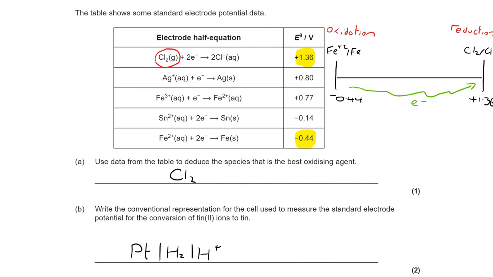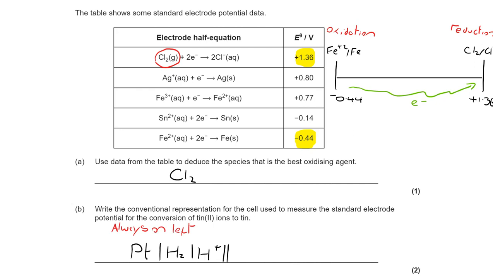And there is a phase boundary between each of them, so it's a single solid vertical line. And it's important to note that when you do the standard hydrogen electrode, irrespective of the values, which is what determines the number line, we will always put the standard hydrogen electrode on the left-hand side.